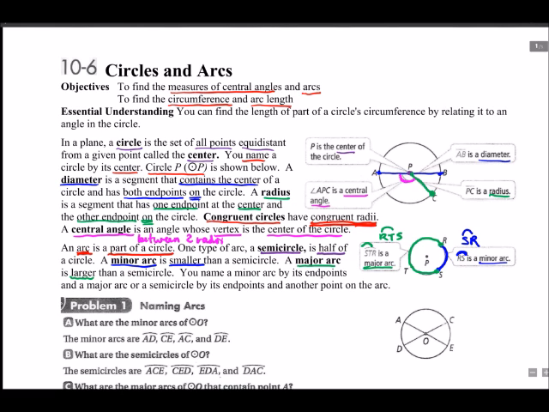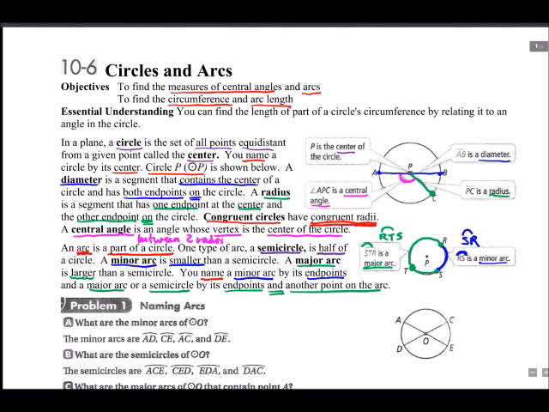You name a minor arc by its endpoints, and you name, we'll underline name in red, a major arc or a semicircle by endpoints and another point on the arc.